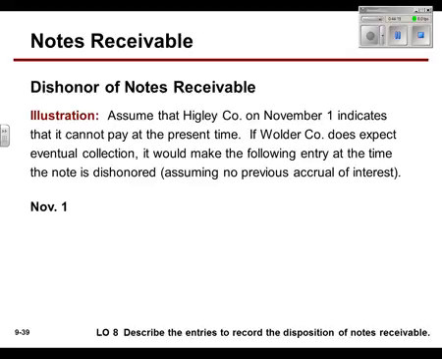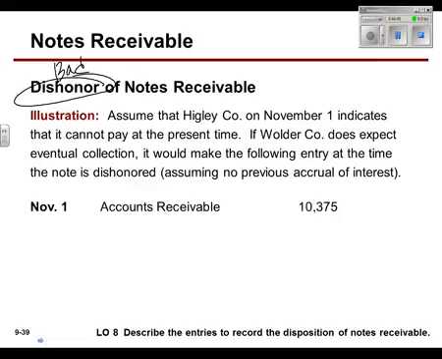Here we go. Got a little ahead of myself. What happens when there are bad notes receivable? Assume that Higley on November 1st indicates they cannot pay at the present time. It's due now. If Wolder does not expect eventual collection, it would make the following entry at the time the note is dishonored.